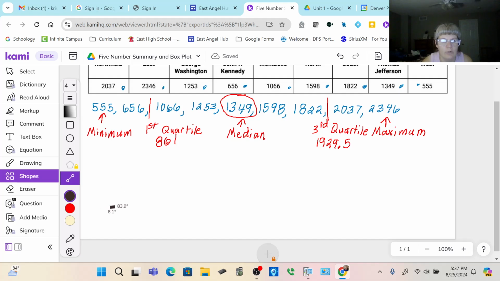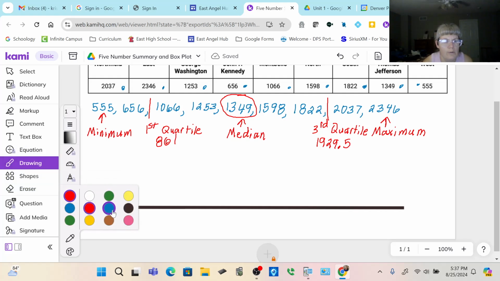So here's my number line. And I'm going to label this. I'm going to start with 500. And I need to go all the way up to, let's say 2,400.